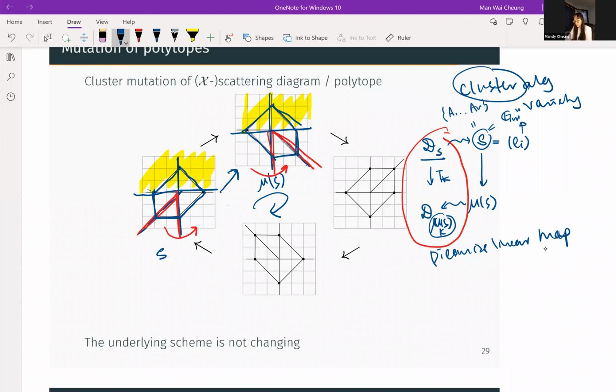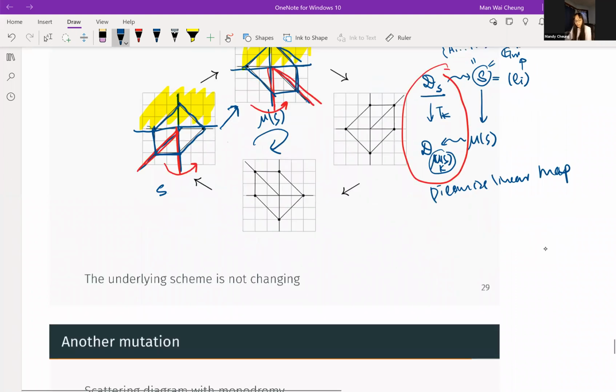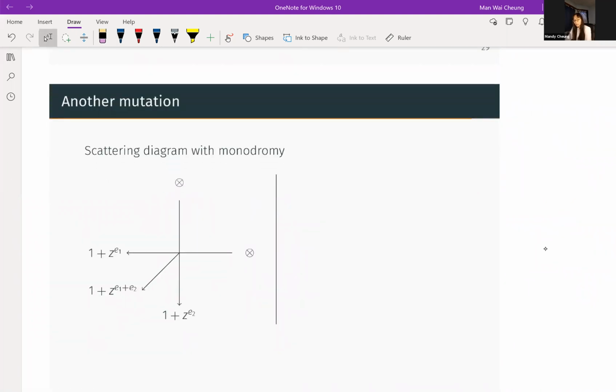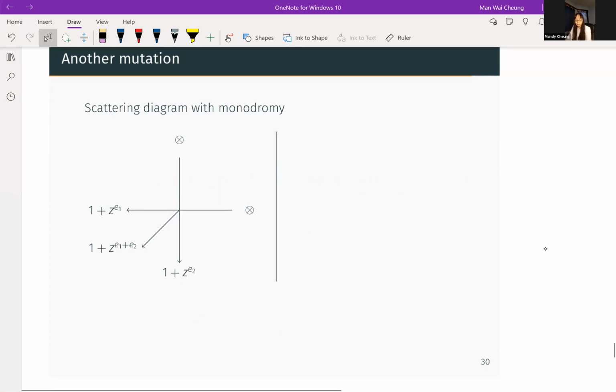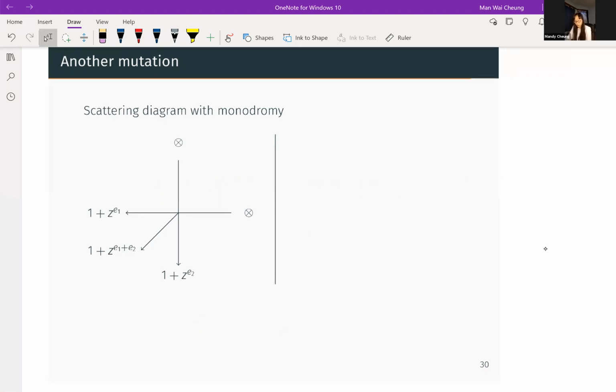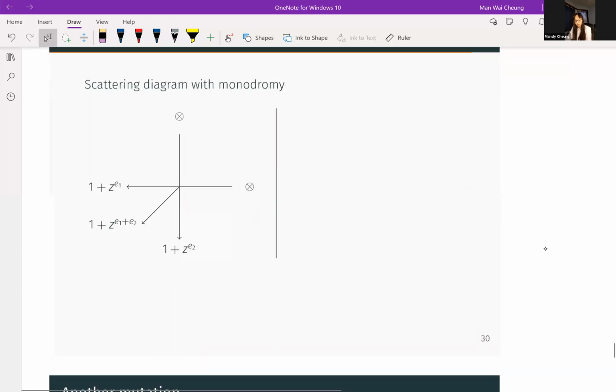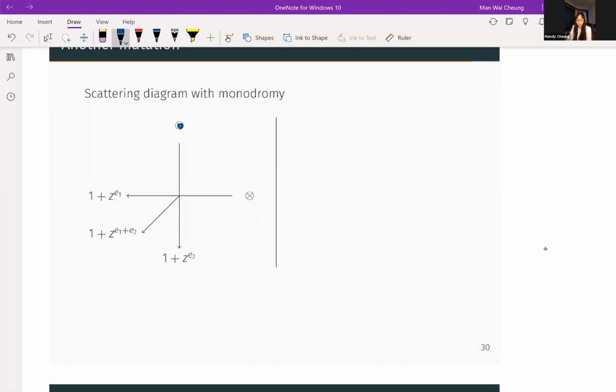So here I actually propose another type of mutation that comes from what we had in the beginning when we talked about this affine manifold in the Gross-Siebert mirror construction. And this is my scattering diagram from the geometry point of view, where we have a singularity at infinity. You can see, because those are the incoming walls.